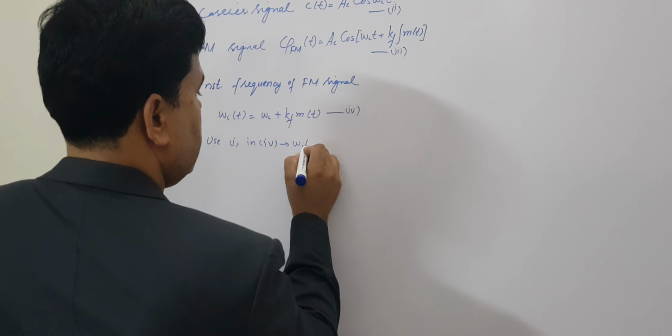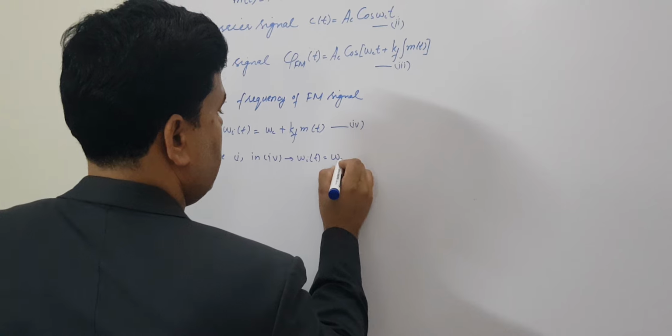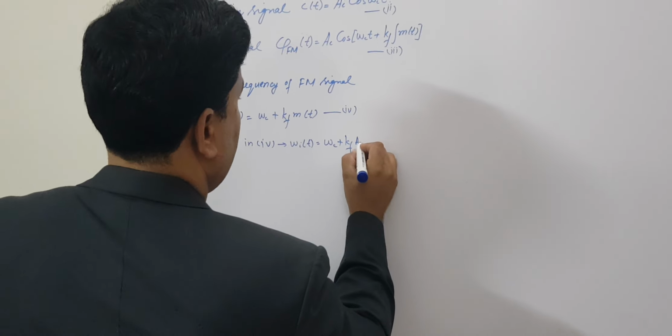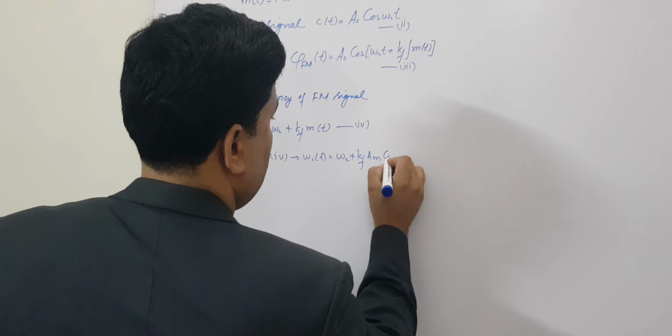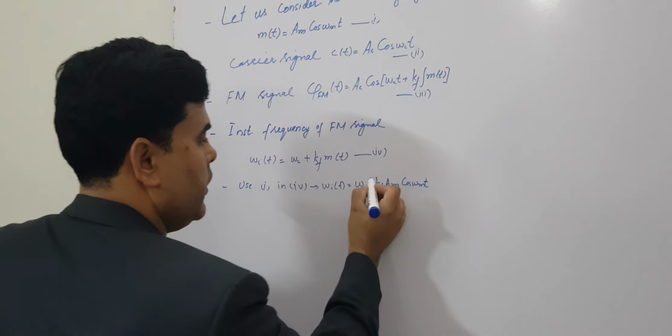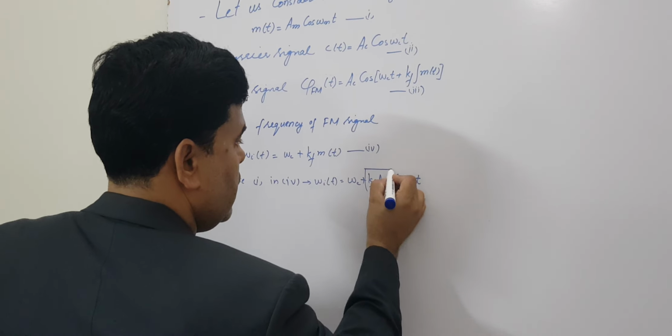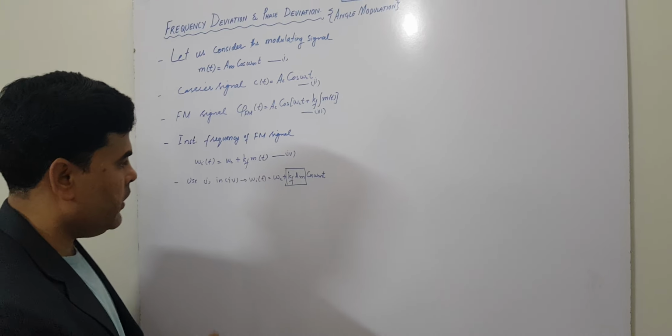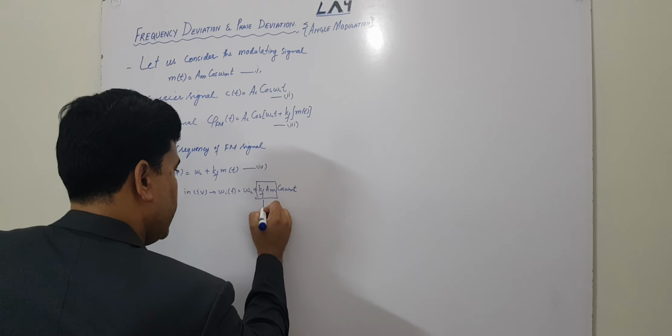In that case, the instantaneous frequency will be equal to ωc plus kf Am cos ωm t. So in this case, your frequency deviation is that part.